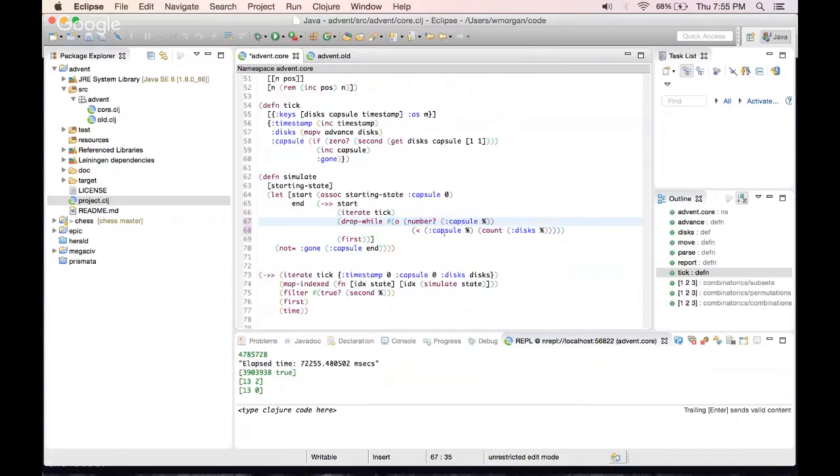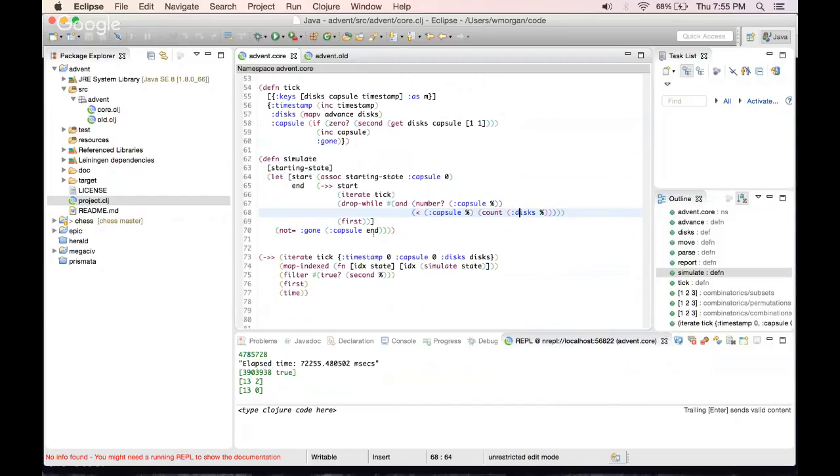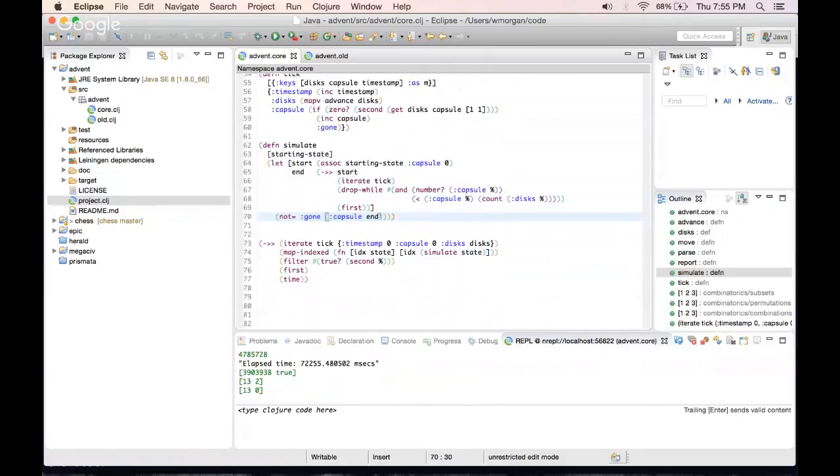Basically, we continue as long as the capsule is a number and is not yet as big as the number of disks. Our return value is just a Boolean, and if the capsule's gone, then we say that this was false.